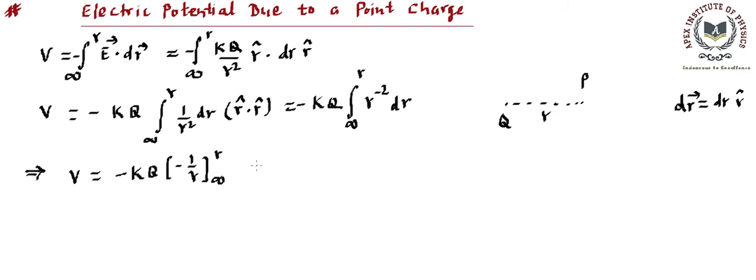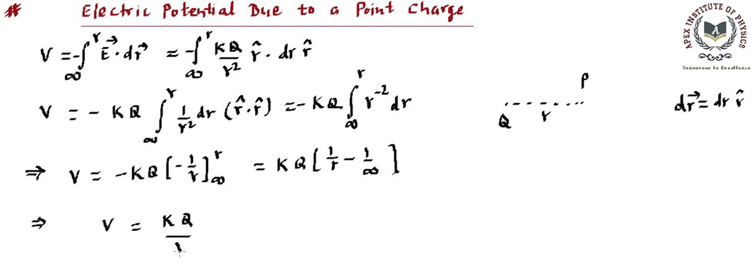So after putting the limits, minus and minus can be adjusted, so this will become KQ times 1 upon r minus 1 upon infinity. Now we know 1 upon infinity is 0, so this will lead to V, that is potential, is equal to KQ upon small r.